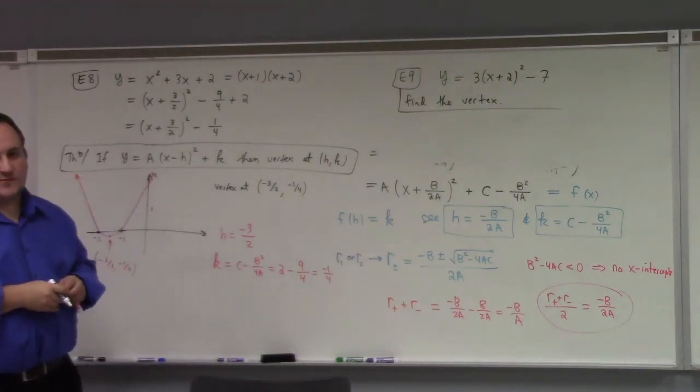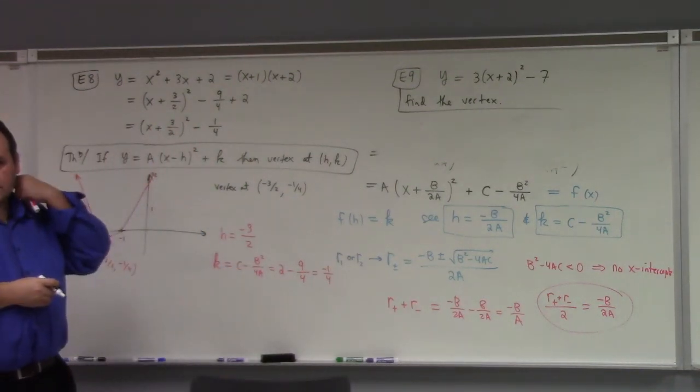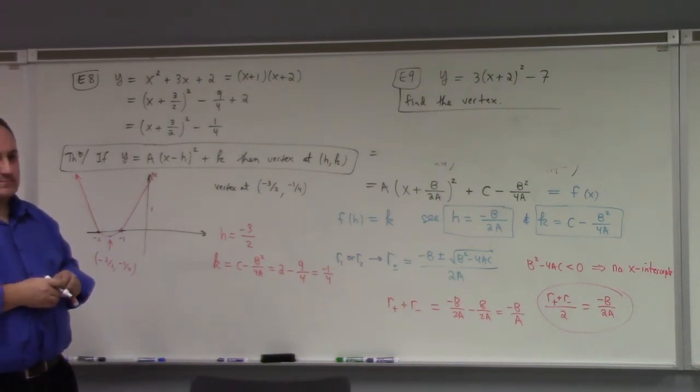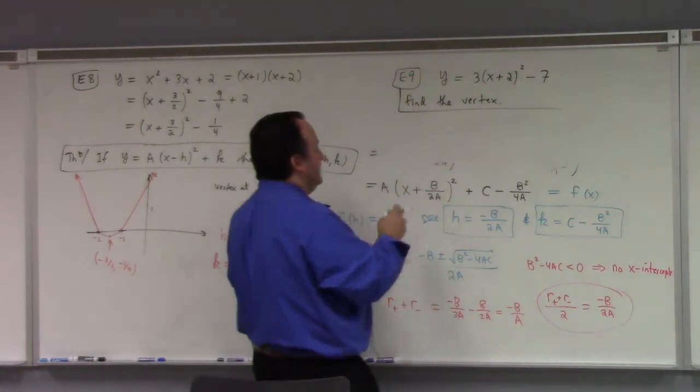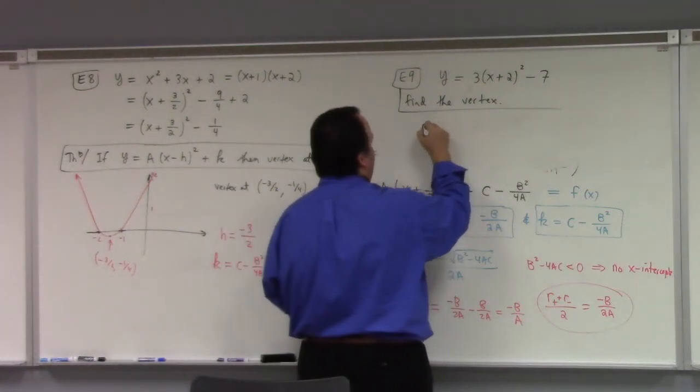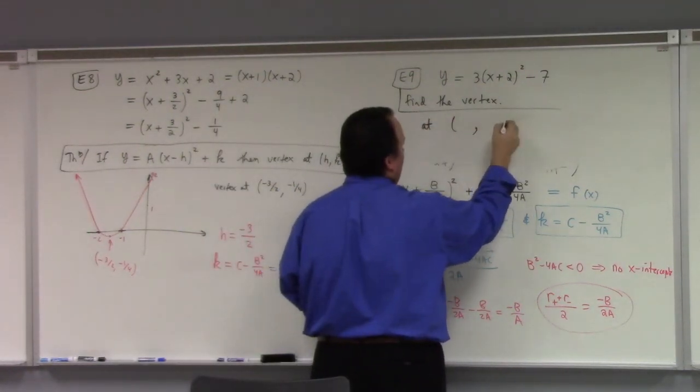Where's the vertex for this parabola? -7 for what? Which is the blank, comma, blank.